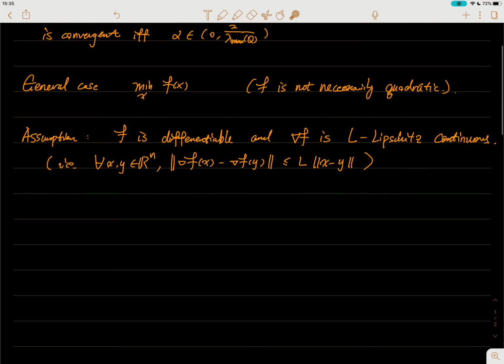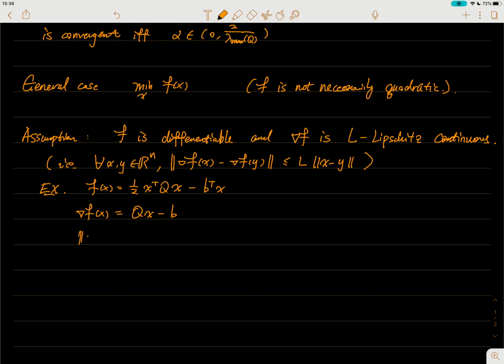Okay, so this is actually the L here. So let me show you why that's the case. Say for example, if I have the f(x) defined as the quadratic function as before, then as we showed earlier, the gradient of f is just Qx minus b, right?